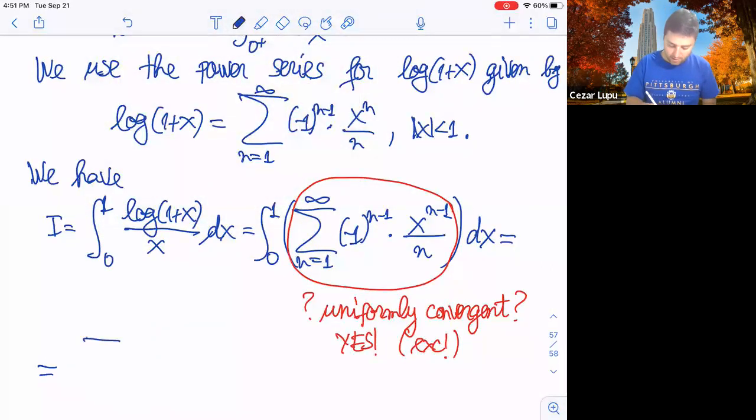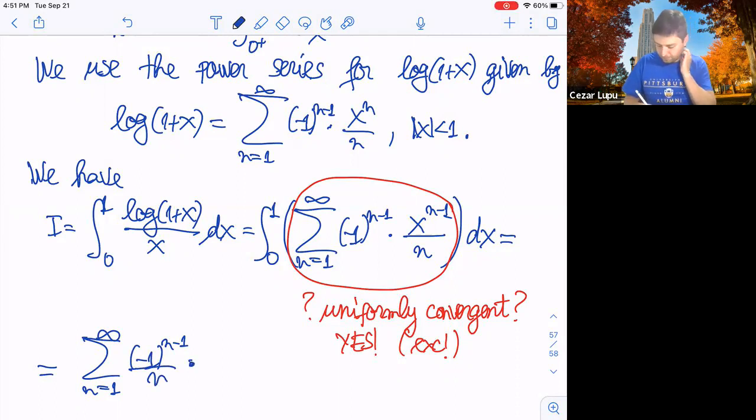So this would be the sum of 1 over n times the integral from 0 to 1 of x to the power n minus 1.